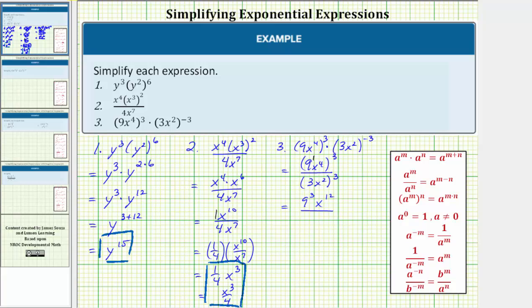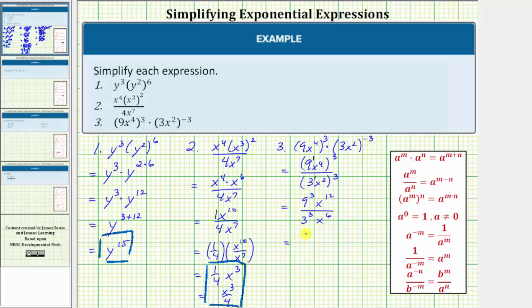In the denominator, we have 3 to the 1st x squared raised to the power of 3, which will give us 3 raised to the power of 1 times 3, which is 3, times x raised to the power of 2 times 3, which is 6. And 9 to the third is equal to 729, and 3 cubed is equal to 27.